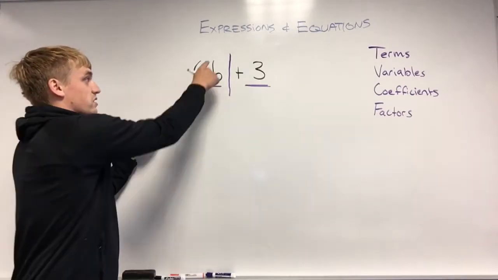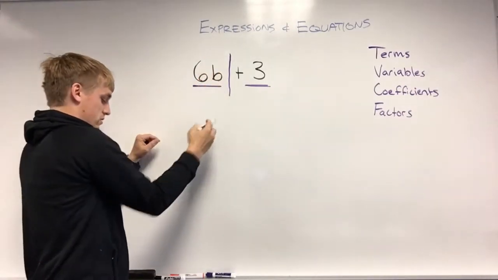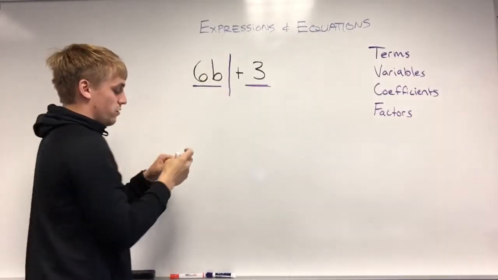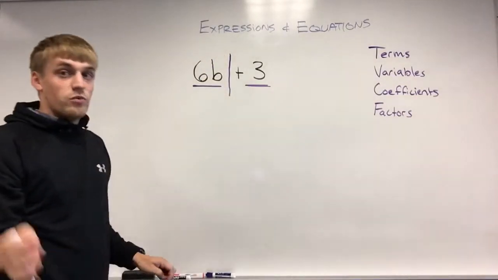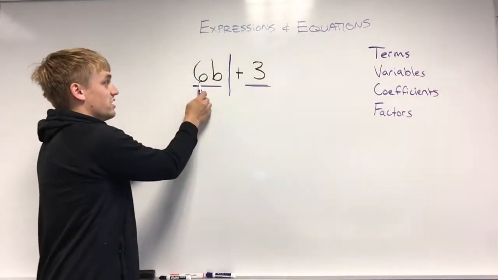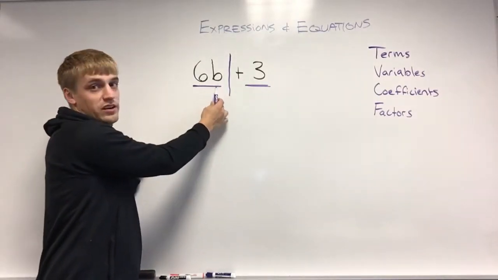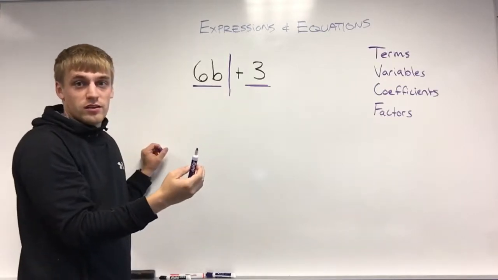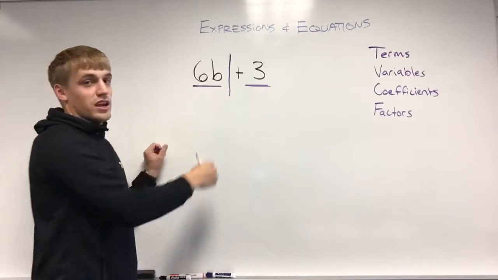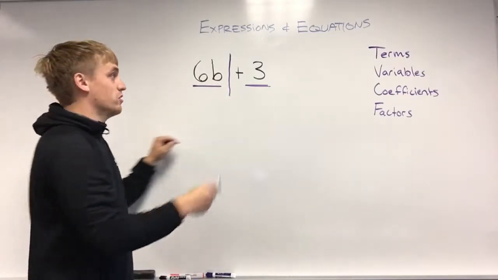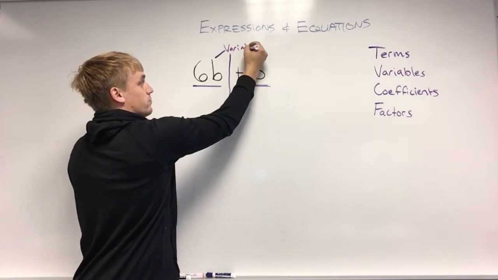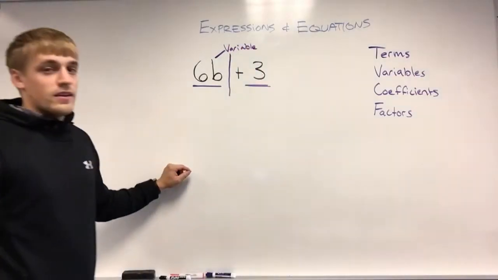Okay, so this says 6b, and this kind of looks like another 6, so you got to be careful when you're writing. So make sure that when you write these, you're writing them neatly. But this says 6b. Well, b is a letter. Why is a letter in math? It's because we don't know the number that b is. Okay, and we call that a variable. So this is a variable. This is a variable.